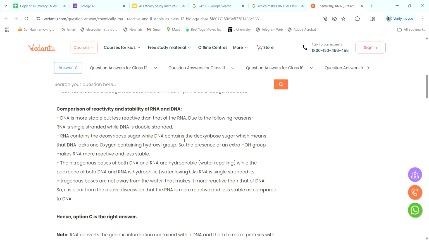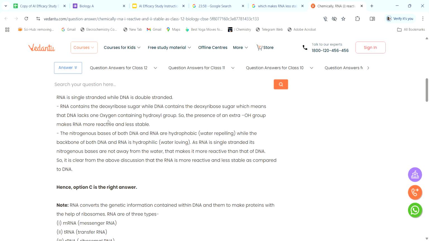RNA contains the ribose sugar and DNA contains the deoxyribose sugar, which means that DNA lacks one oxygen-containing hydroxyl group. So the presence of an extra OH group makes RNA more reactive and less stable. That is the important point.